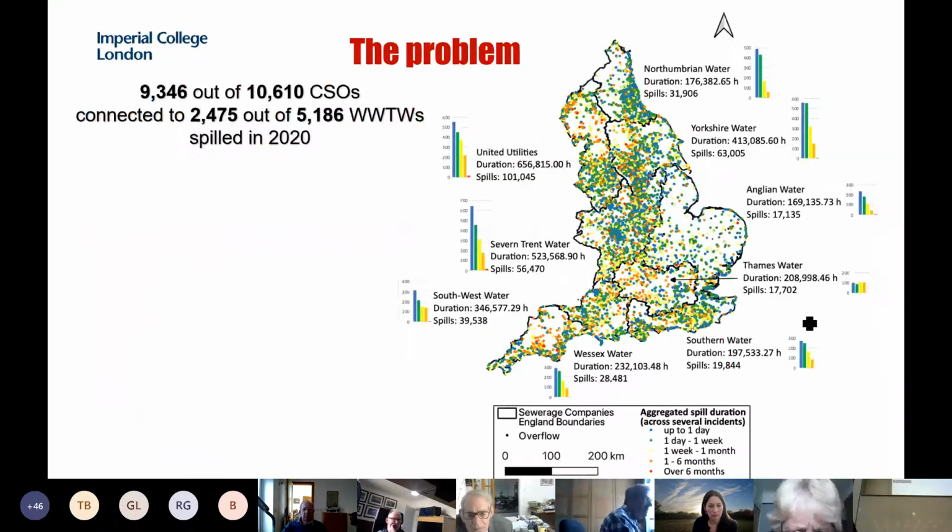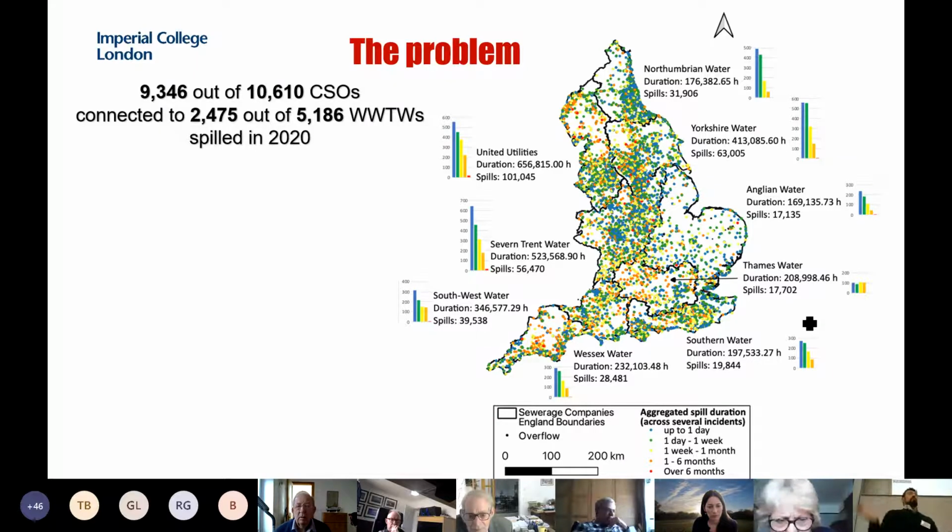The data is mainly in terms of the number of incidents, how often they open, and for how long they stay open. Now the problem is that out of those 10,600 CSOs, 9,346 spill. Right. So they are used. They are connected with 2,475 works out of the 5,000 ones. So that gives us an idea of the problem that is quite extensive.